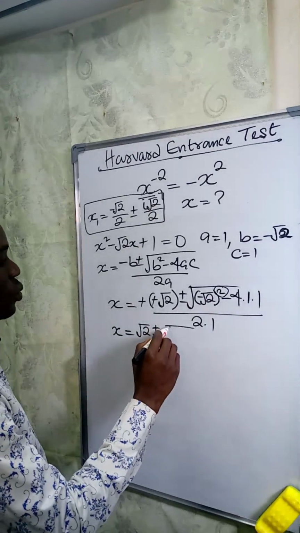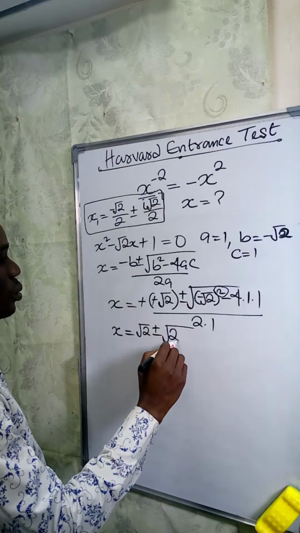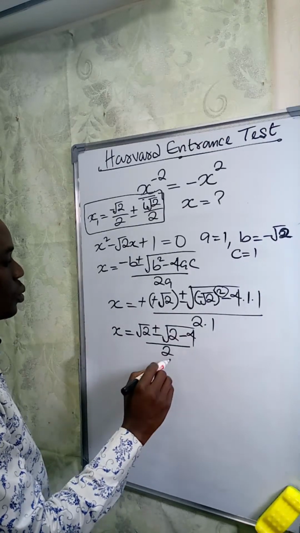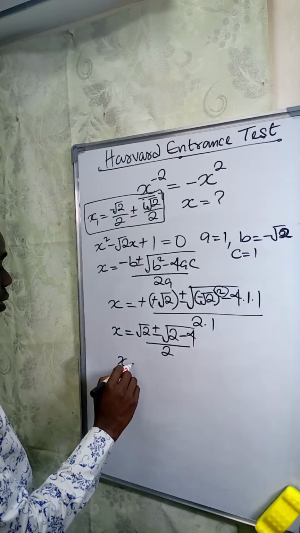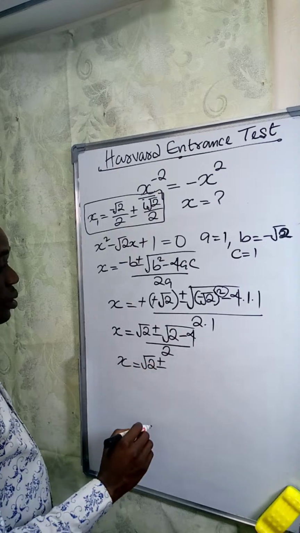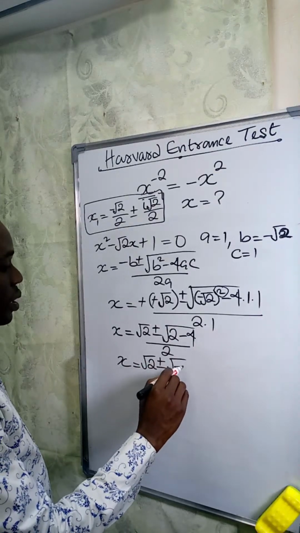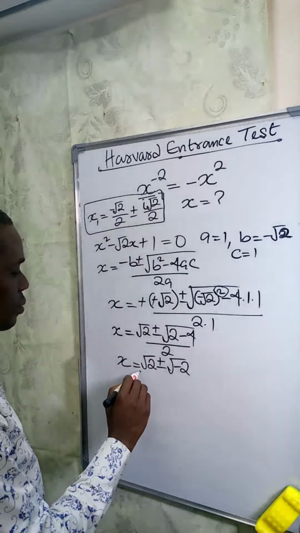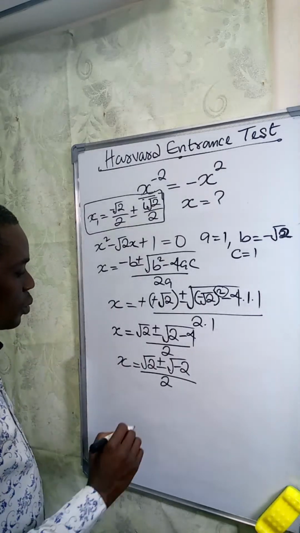So we'll have the square root of 2 minus 4 divided by 2. So the value of our x will be equal to the square root of 2 plus or minus square root of negative 2, because 2 minus 4 is going to give us negative 2, all divided by 2.